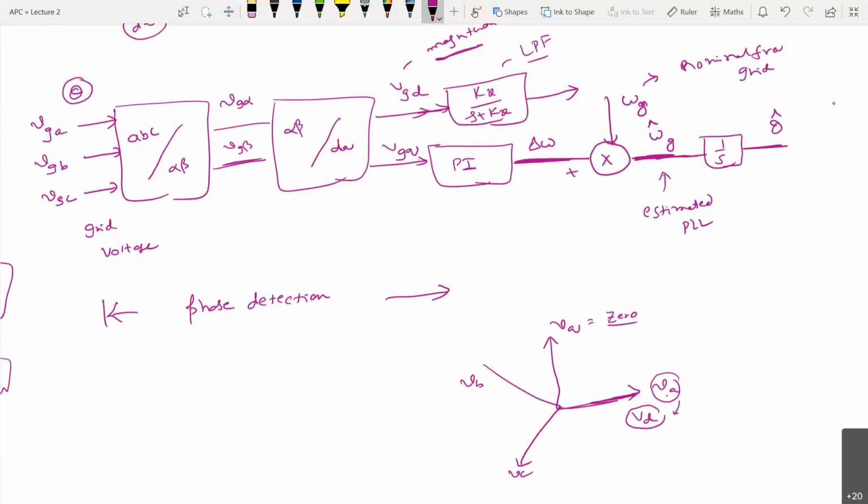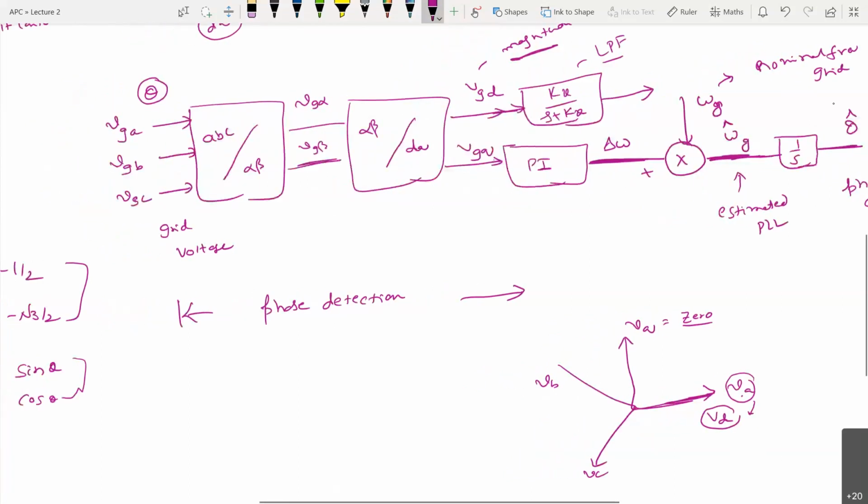This is the output, that is the phase angle estimated by the PLL.